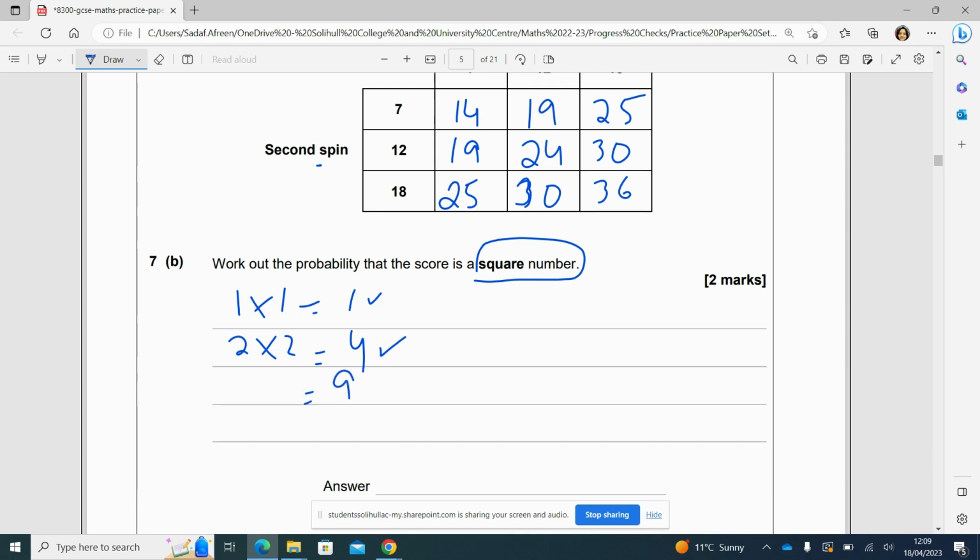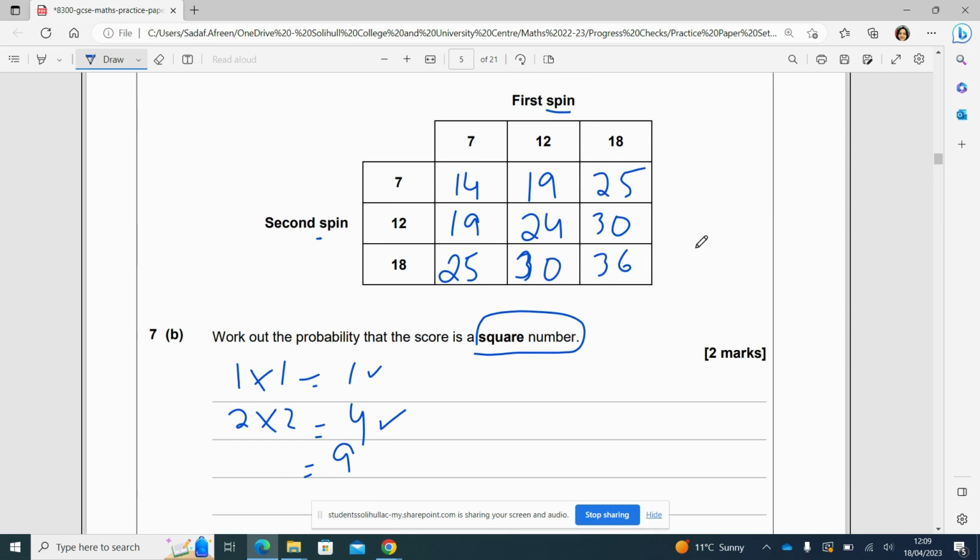So if you look at these numbers, the only square numbers we have here are 25, okay, and 25 here as well. And then the next square number we have in the list is 36, which you get when you times 6 by itself. So 25 you get when you do 5 times 5, and 36 you will get when you multiply 6 times 6. That gives you 36.